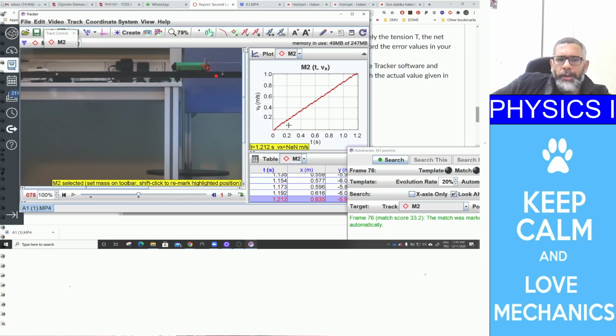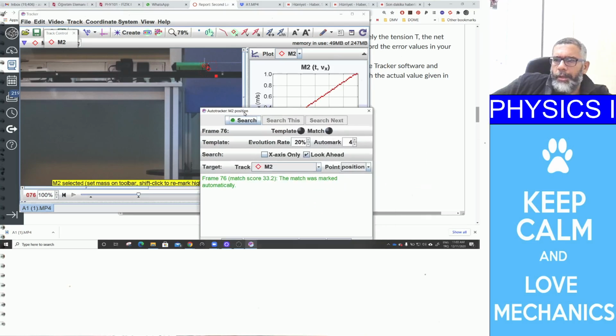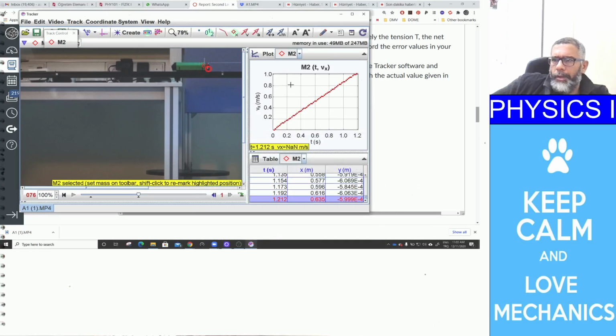This is what you expect for constant accelerated motion, because the velocity will increase linearly. This is something you know, and we don't need this window anymore. Just remove it.